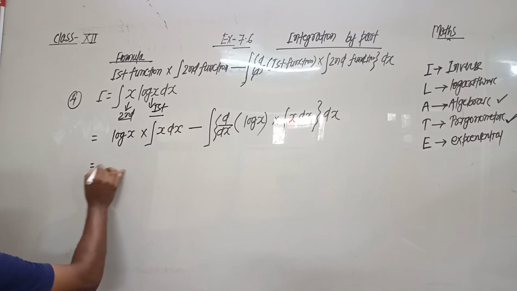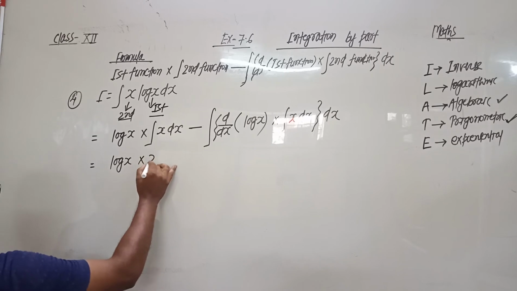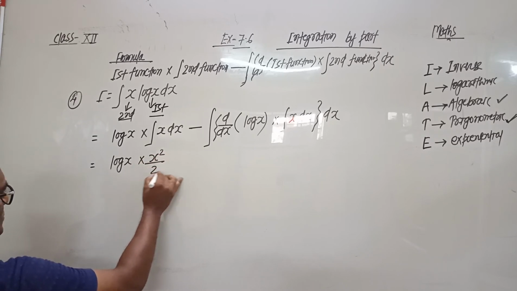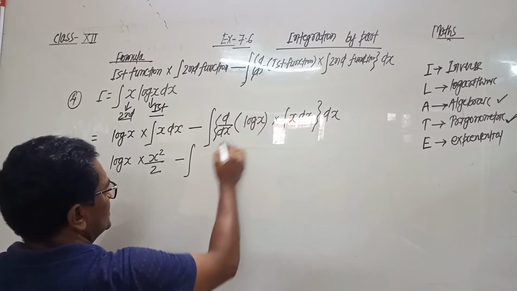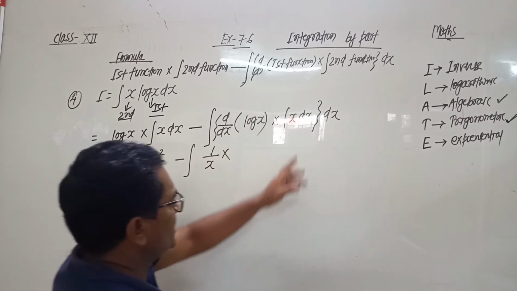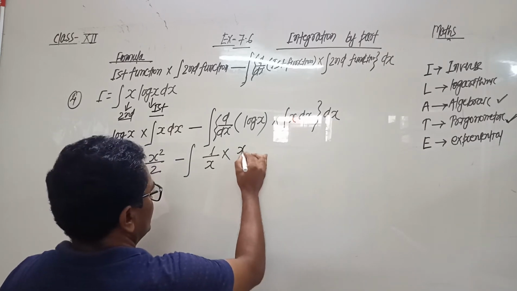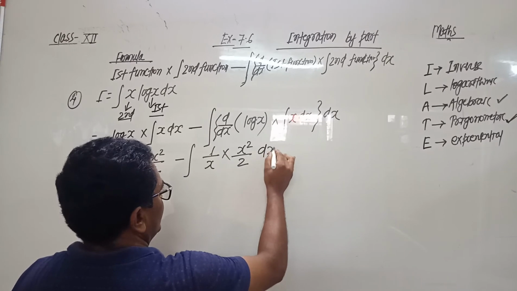So log x as it is, and integration of x dx is x square by 2, minus integration of differentiation of log x, which is 1 by x, into integration of x dx, which is x square by 2, and dx.